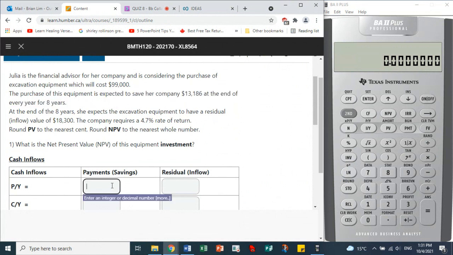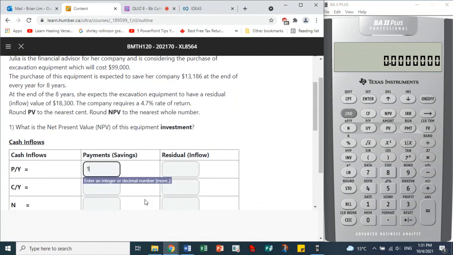Okay, so this is 1, and we just discussed that CY is 1 because this rate of return is understood to be compounded annually. So that will be 1. Okay, we leave this for now. That would be the residual inflow, sorry, which will be 18,300, which we will discuss in a little while.